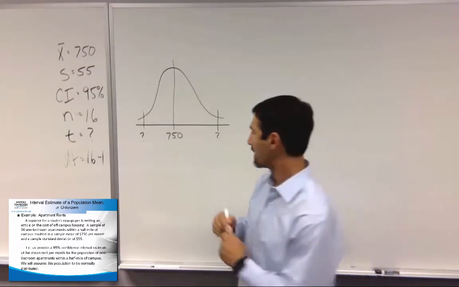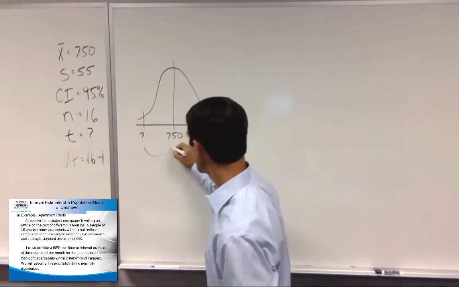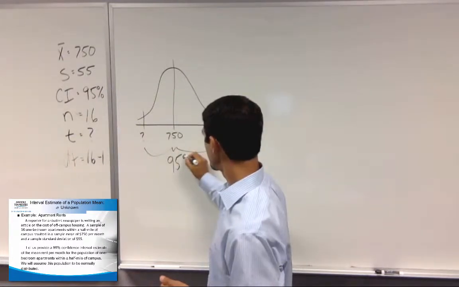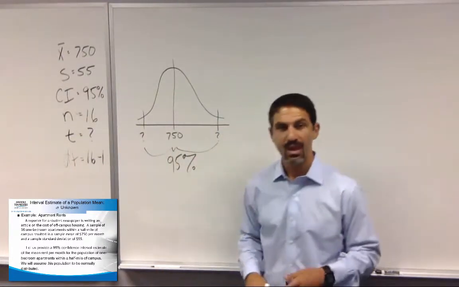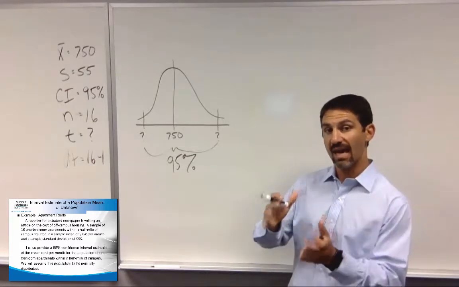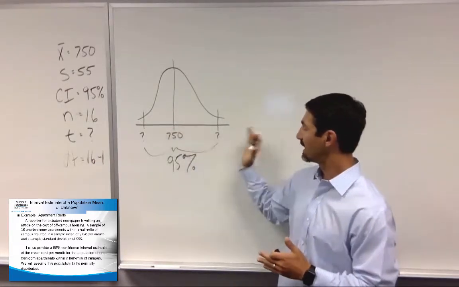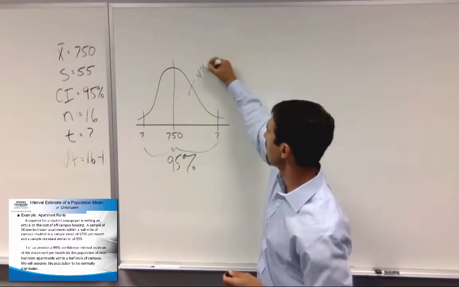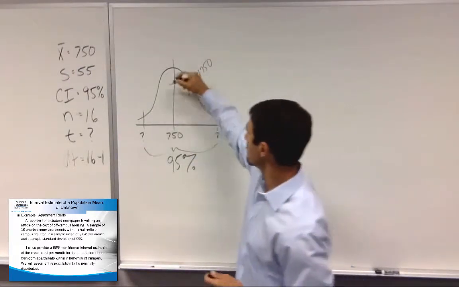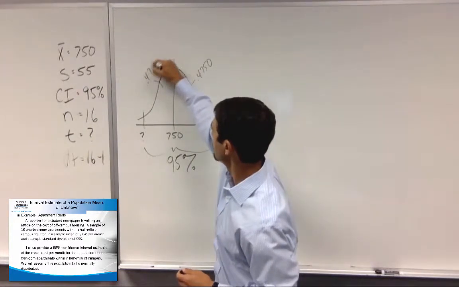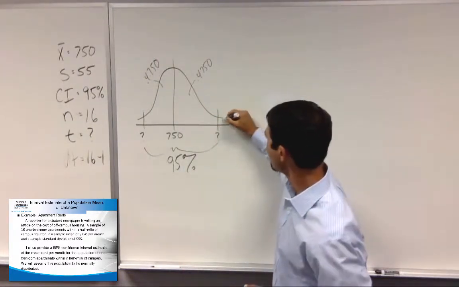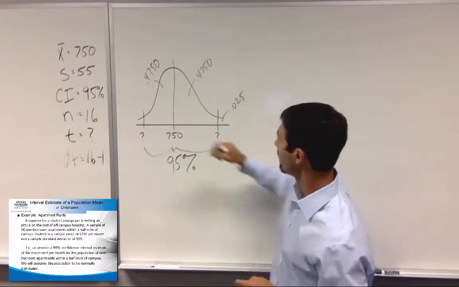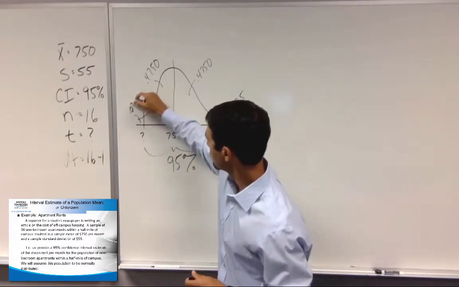So let's draw out what that means. From here to here is 95%. So that means 47.5% on this side, 47.5% on the other. This tail is 0.025, and this tail is 0.025.